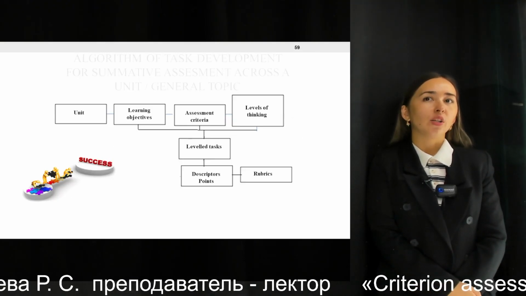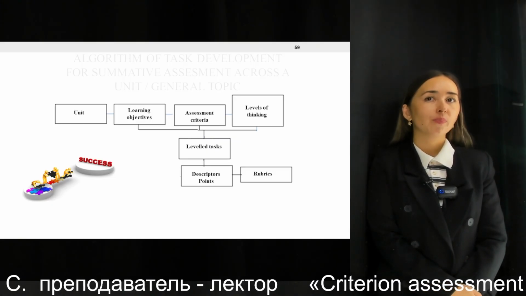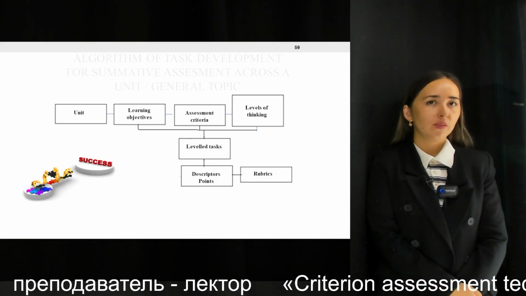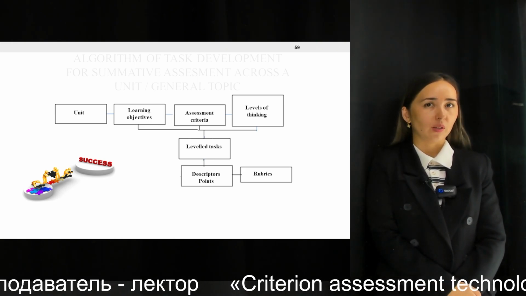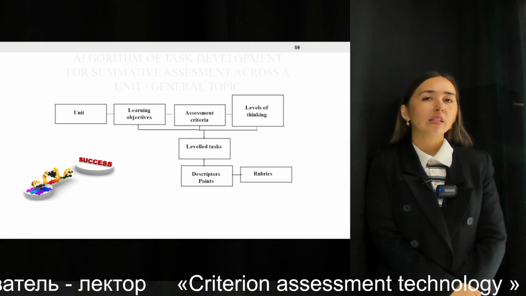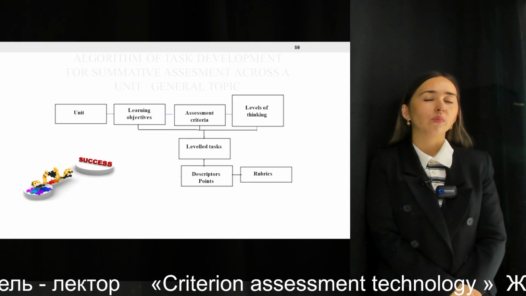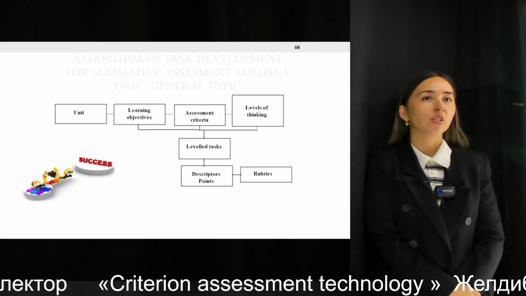So, initially we have to mention the unit, and then learning objectives, which are closely connected to the assessment criteria and levels of thinking, of course. And they will direct us to the level tasks, descriptions, points, and the rubrics.